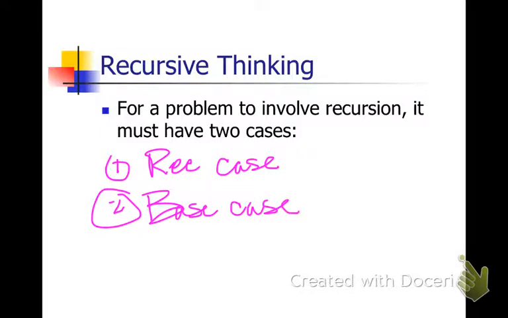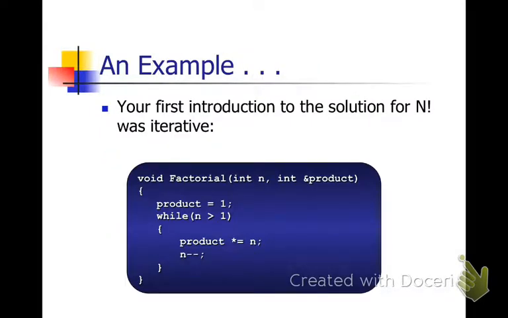If you don't have the base case, you're in big trouble. You get something that runs forever or until you run out of random access memory, which probably happens sooner than you think. Your first introduction to recursion may have happened with the stereotypical examples: factorial, towers of Hanoi, things like that.